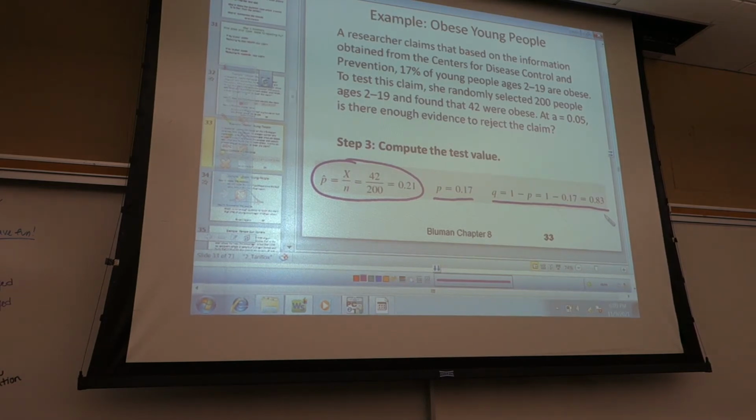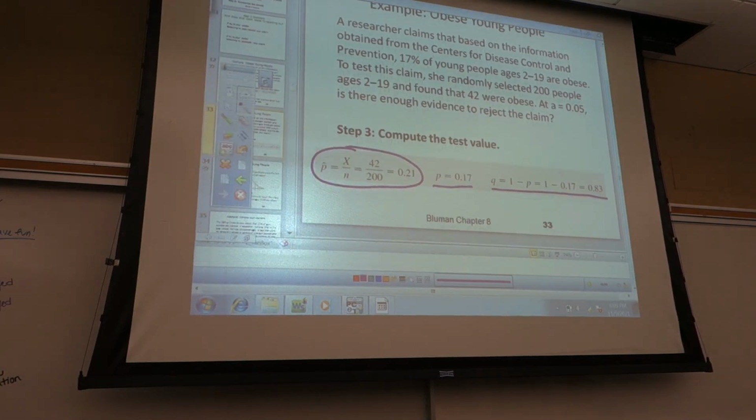All right, so let's find our test stat. My test stat is going to be my p hat minus p over the square root of pq over n.